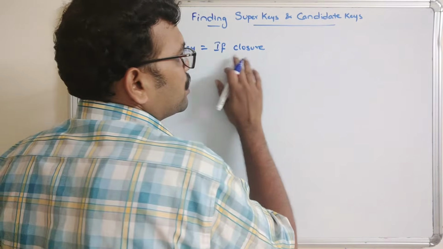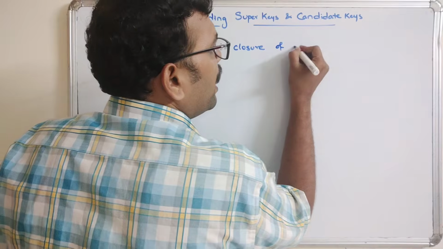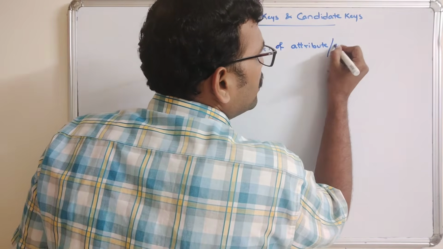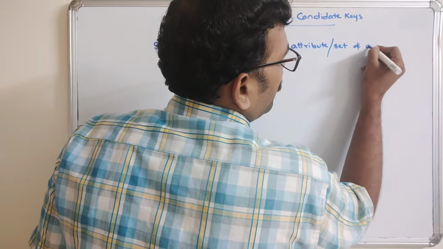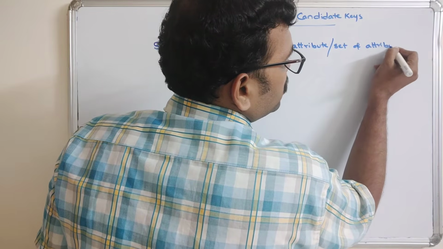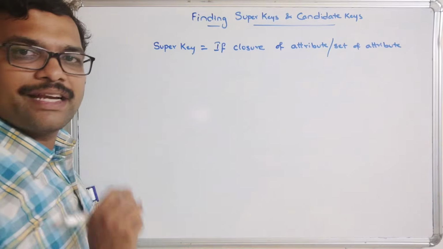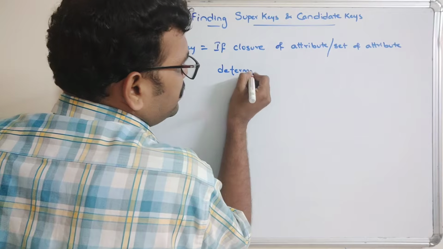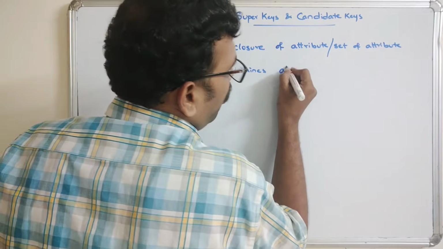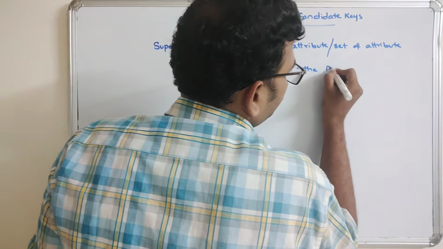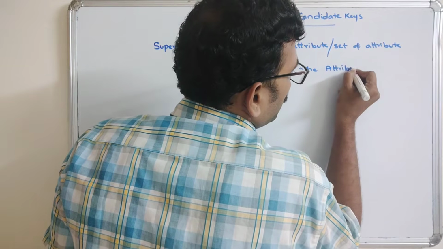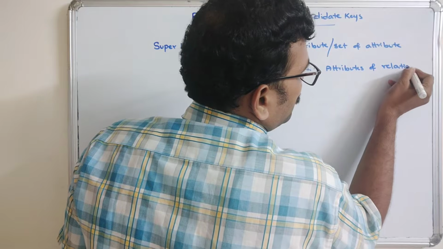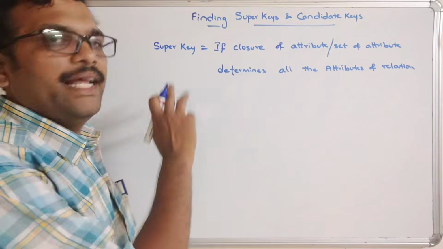So if the closure of an attribute or set of attributes determines all the attributes of the relation, then we can call it a super key.